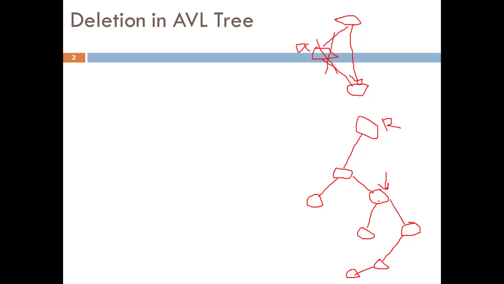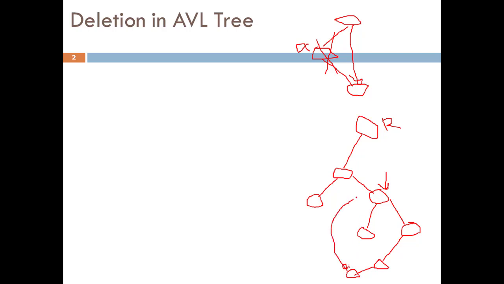The in order successor for this particular node will be, as we discussed before, to move one step right and then repeatedly move towards the left side until we reach the bottom level, that is the leaf node. So in this case, this particular node will be the in order successor. What we did is copy the contents of this node to this location.